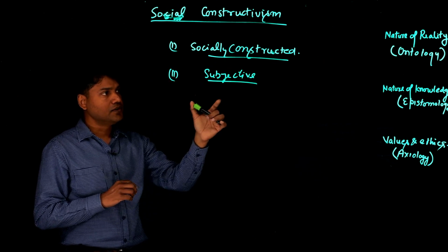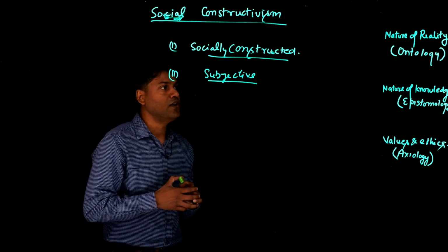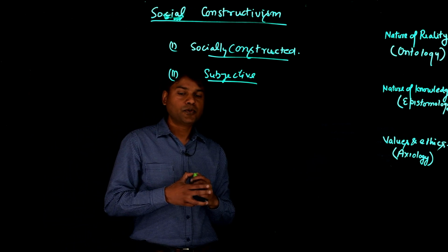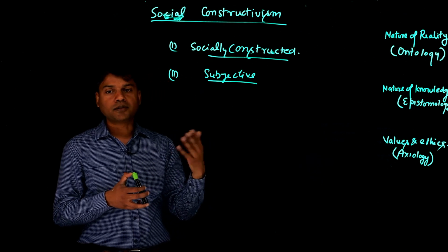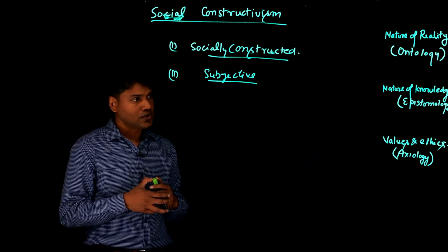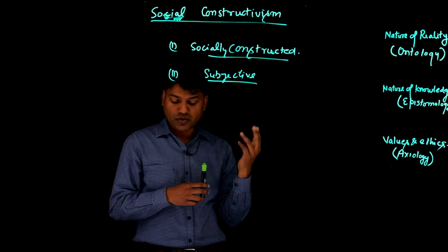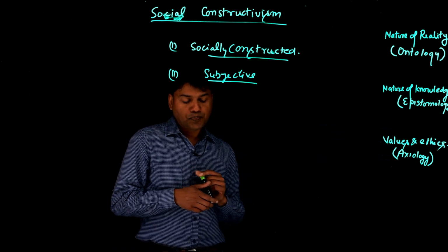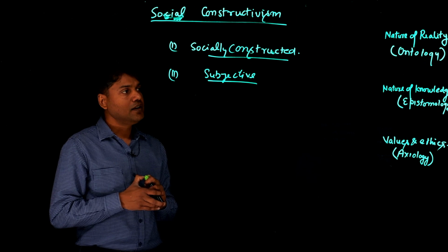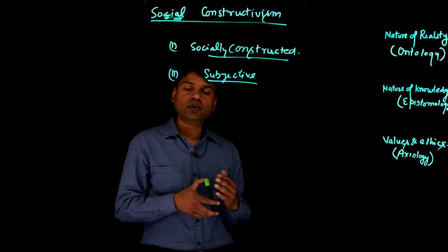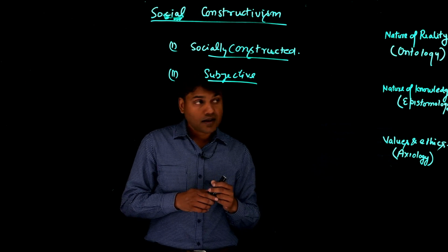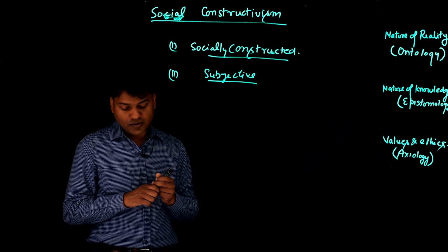Now let's focus on the second question, nature of knowledge. Reality is created in the process of interaction, socially constructed through interaction with other people. So how do we understand that knowledge? How do we study it? How do we generate that knowledge? That's a question of epistemology.